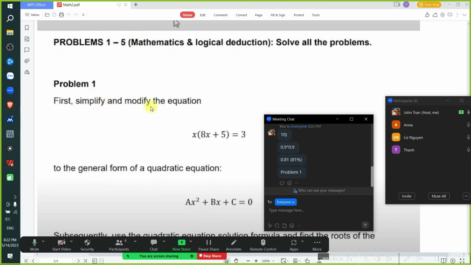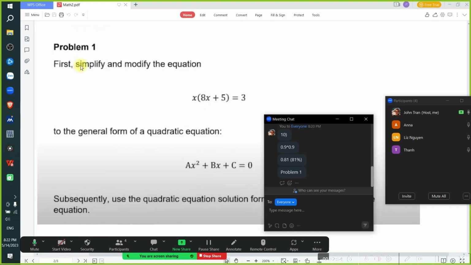First, simplify and modify the equation to the general form of a quadratic equation, phương trình bậc 2: ax squared plus bx plus c is equal to 0.